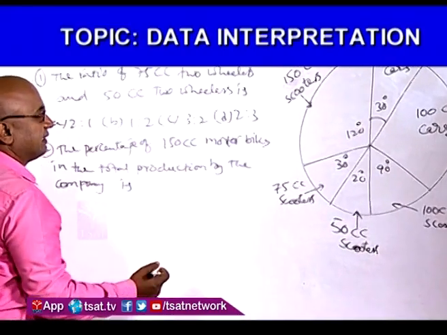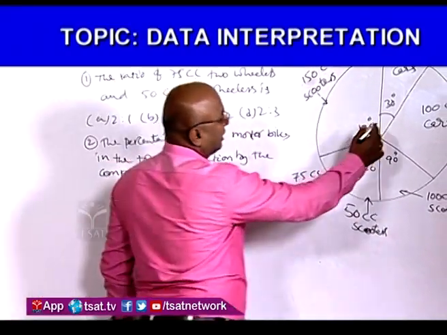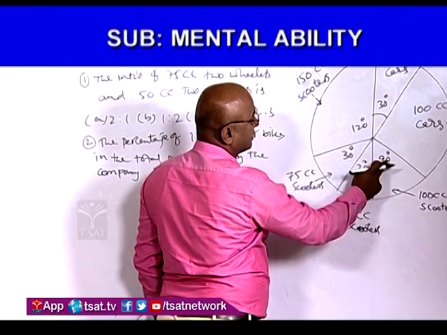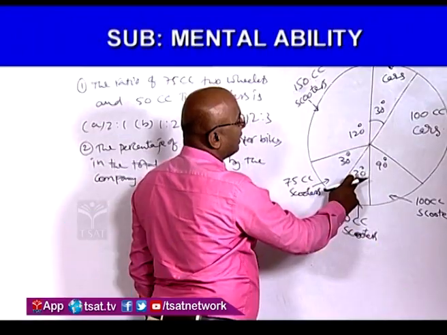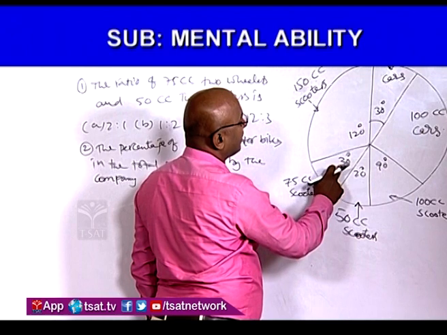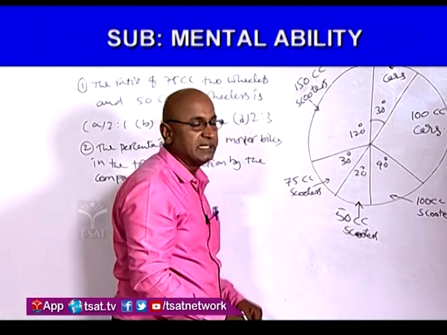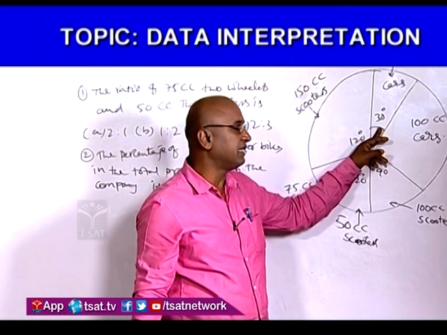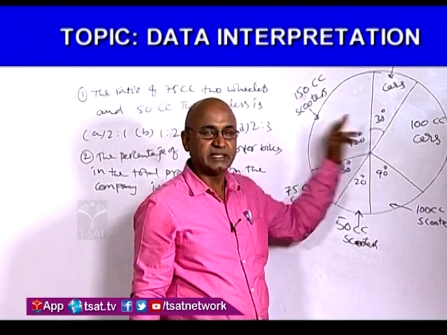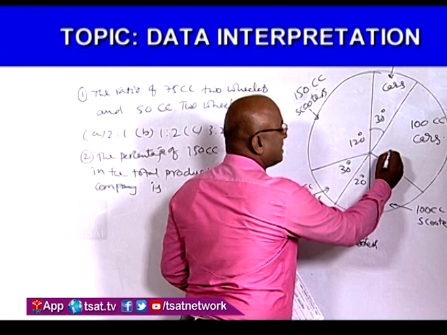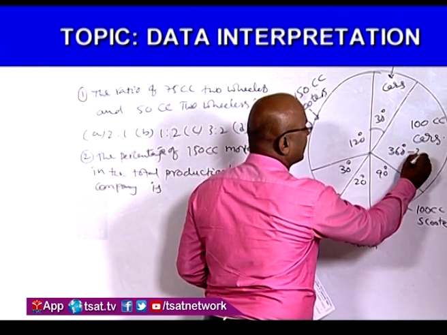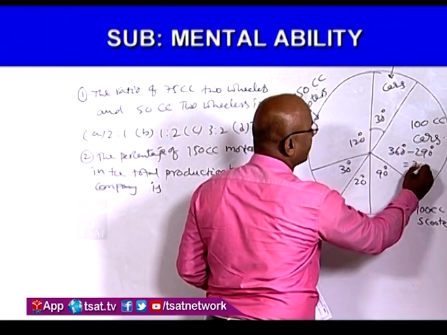First of all, we will find that. The total angle is 360 degrees. This is 90 plus 20, 110, 110 plus 30, 140, 140 degrees plus 120 degrees is 260 degrees. 260 plus 30 is 290 degrees. So 100cc cars is 360 degrees minus 290, that is equal to 70 degrees.